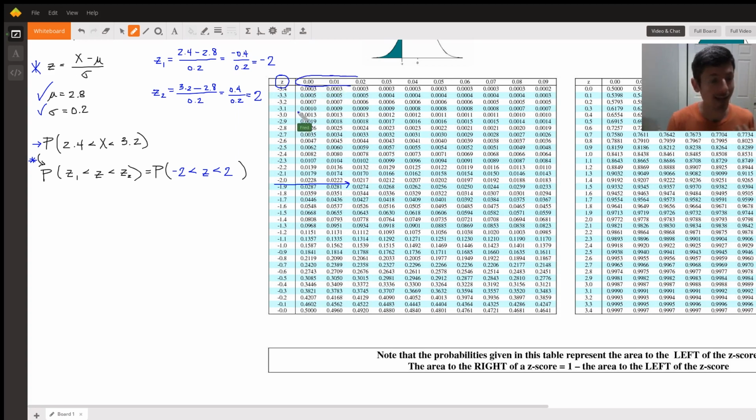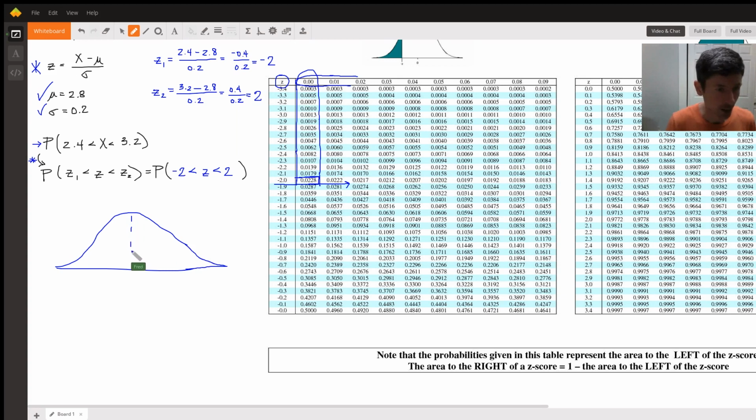And since we have a whole number 2, we assume that is 0.00. So we look down this column and find where it meets the row that we identified from the whole number part and the 10th digit, 2.0. So that gives us this reference to probability 0.0228.